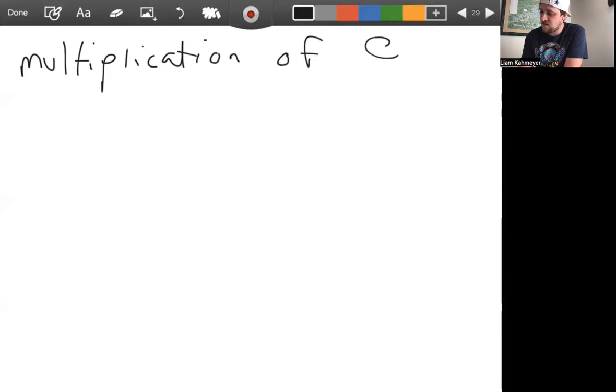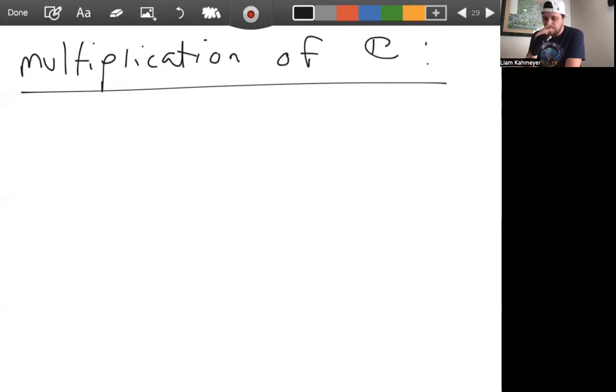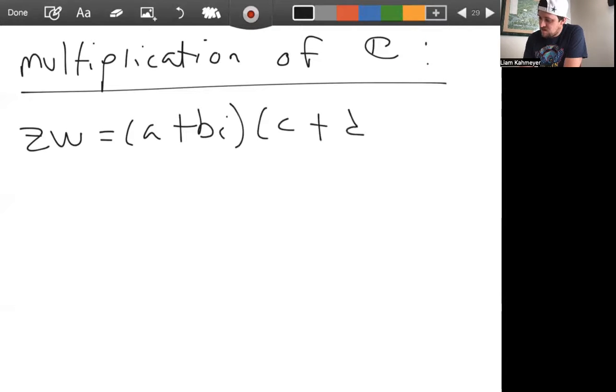We also have multiplication of two complex numbers. So let's look at multiplication in C. What does it mean if we take the product zw? That means we're taking a plus bi times c plus di.